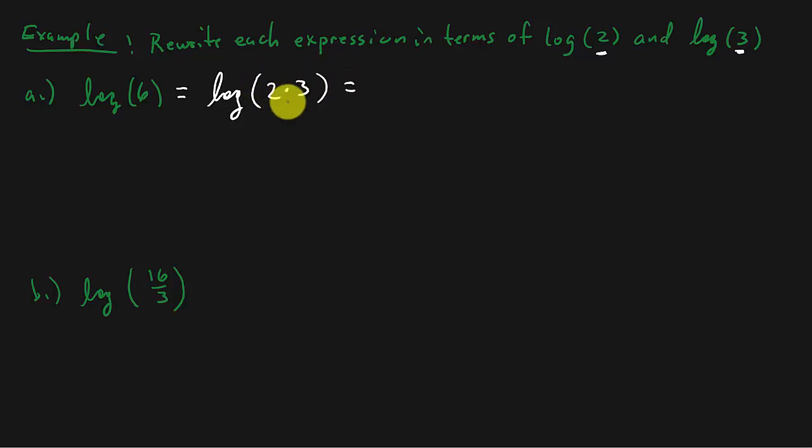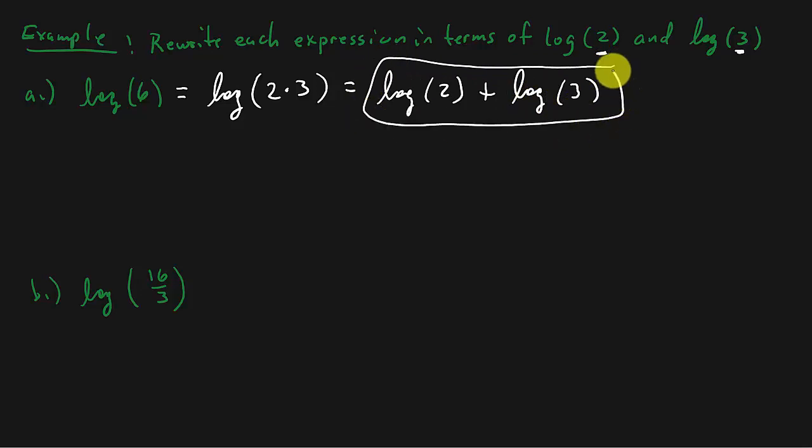And so this is multiplication, so I need to split it up using addition. Multiplication splits up using addition. Division splits up using subtraction. So that's going to be log 2 plus log 3. And there's your answer.